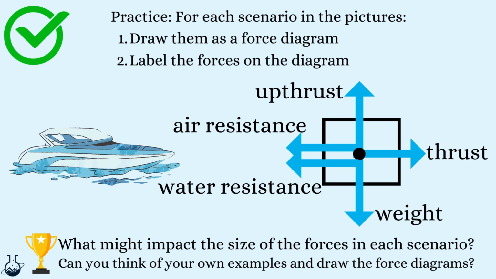A boat will have all sorts going on because it's exposed to both air and water, allowing both forms of resistance along with thrust, weight and upthrust to act on it.